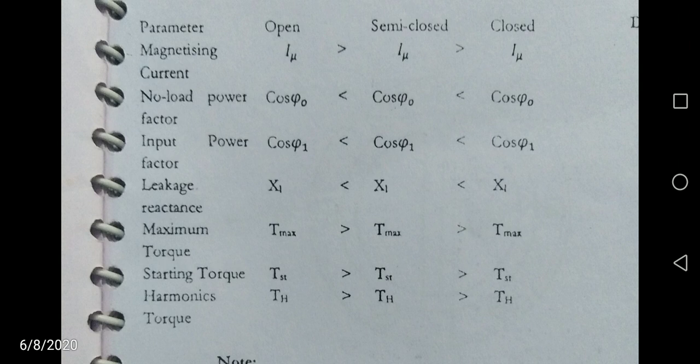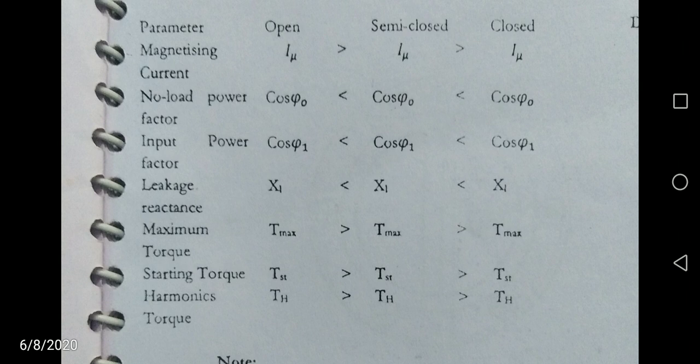But in induction machines, semi-open slots are used because they have the partial advantage of open and closed slot. In open slot, the advantage is torque is high. In closed slot, the advantage is power factor is high. But we need in an induction machine both high torque and high power factor.